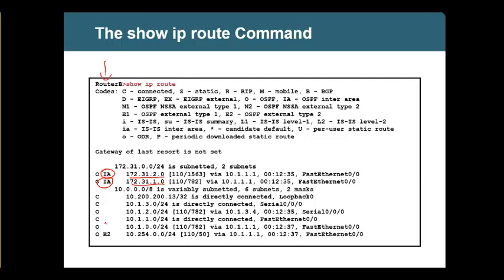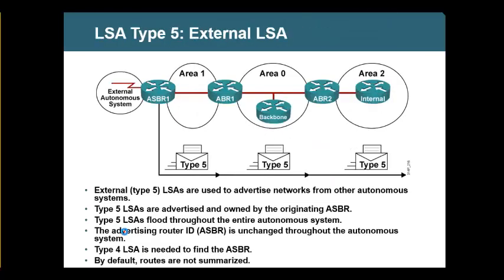What does this O mean? They are from the same area. IA means it's coming from another area. E means it is coming from another autonomous system. This is type 5 LSA. Type 5 advertisements will be seen as E. We'll go to that one. Let's go back.